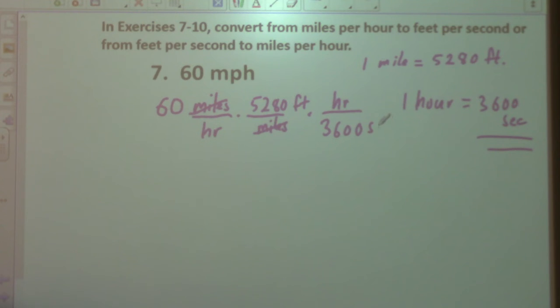If you've done your dimensional analysis correctly, what remains in the numerator and denominator tells you that you have the right units. And so your answer is going to be 60 times 5280 divided by 3,600.